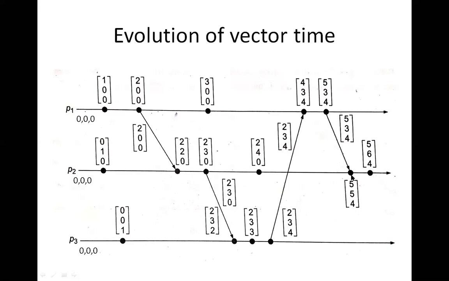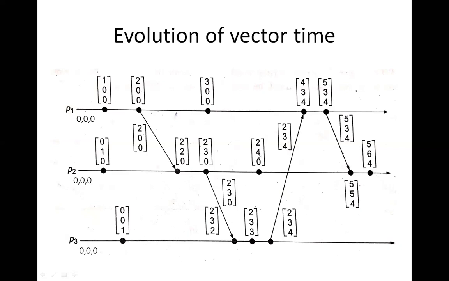So whenever we have to update the vector time or the time stamp of the process P2 for this particular event, which is receiving a message from the process P1, first of all, it is going to compare the first component with the actual time first component of the process P2. It is 2 and it is 5. So we have to take the maximum, so it is 5.